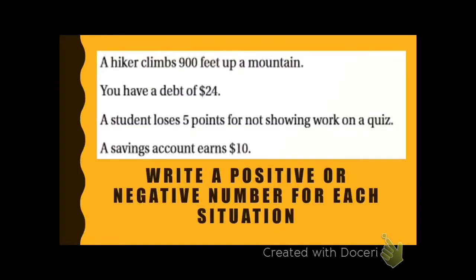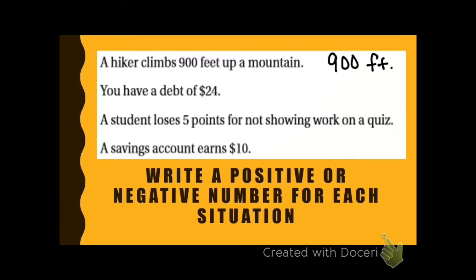All right. When you're writing a positive or a negative number, let's practice for each situation. We're going to read the statement and represent it with either a positive number or a negative number. A hiker climbs 900 feet up a mountain. If you're going up, would that be positive or negative? Right, it would be a positive 900 feet.